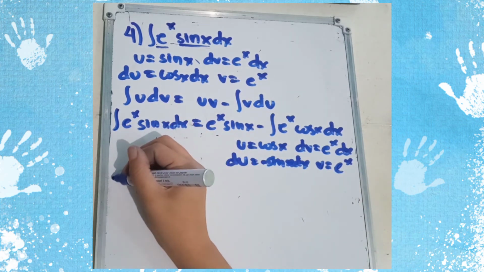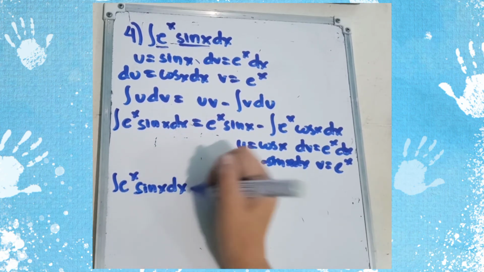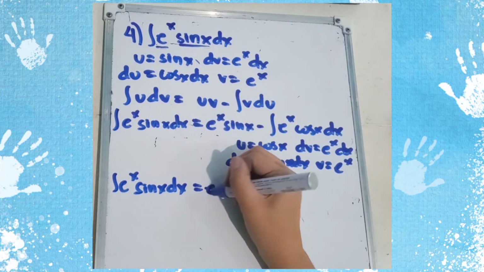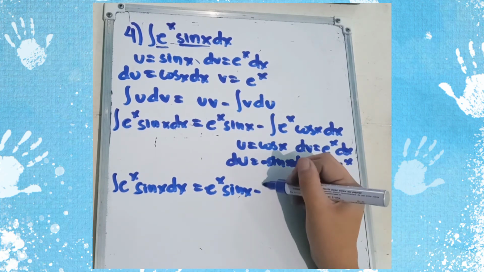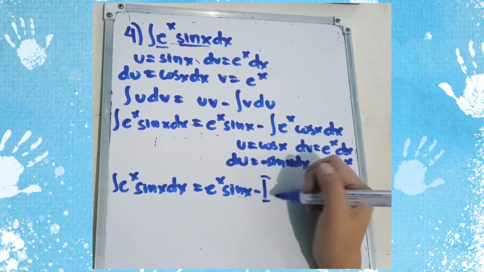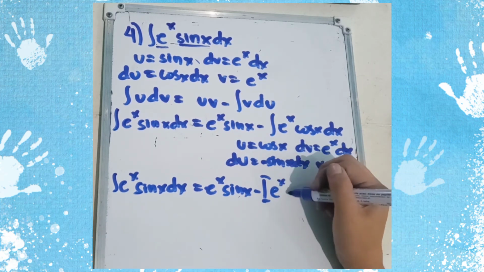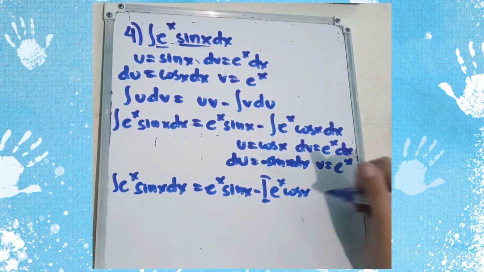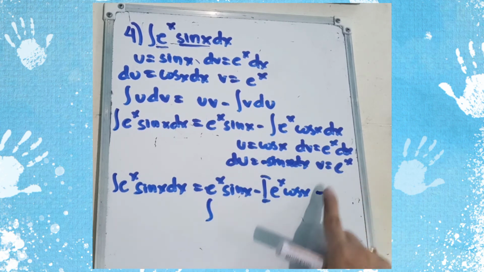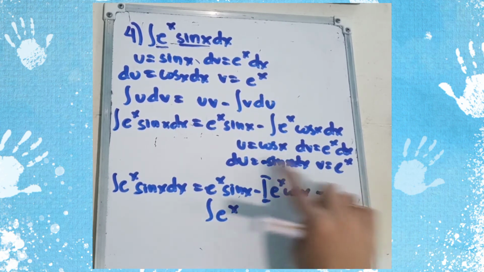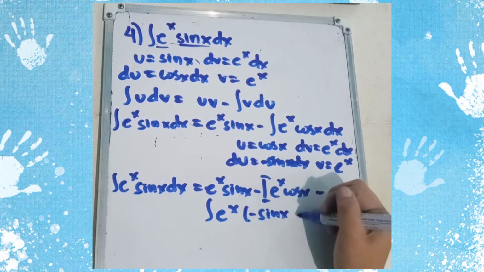So going back, the integral of e raised to x sine x dx is equal to, copy this one, e raised to x sine x minus the integral, minus, so this one uv, that's e raised to x cosine x minus this one, the integral of v, which is e raised to x, dv, that is a negative sine x dx.